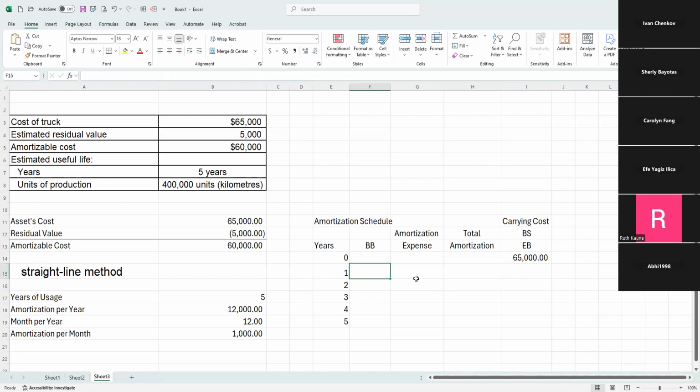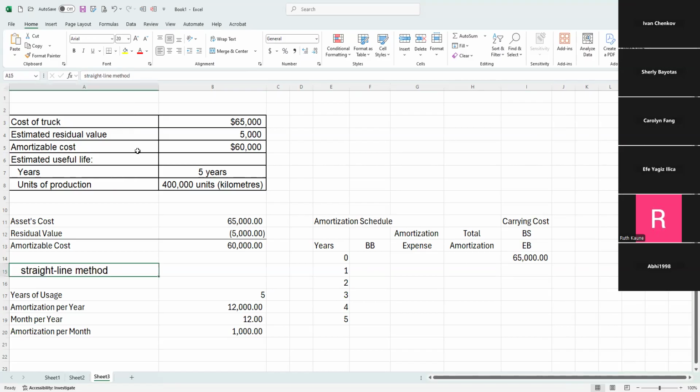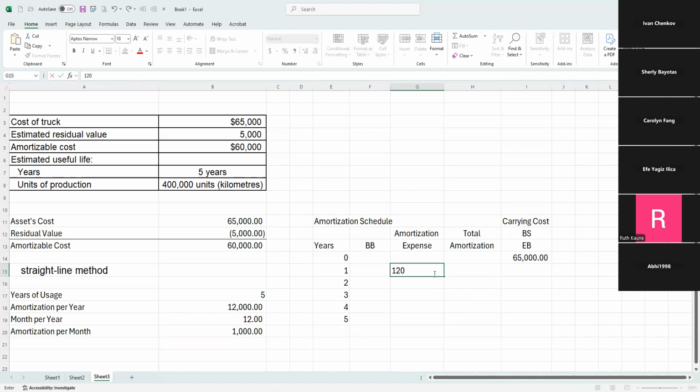How much will be my amortization expense year after year? Do I know that amount? Yes, how much will it be? 12,000. How much will be my amortization expense the second year? 12,000.